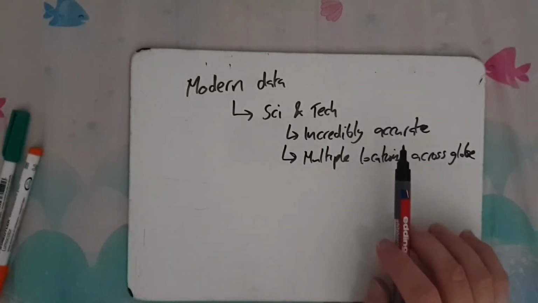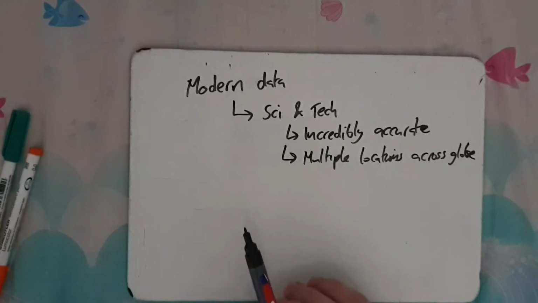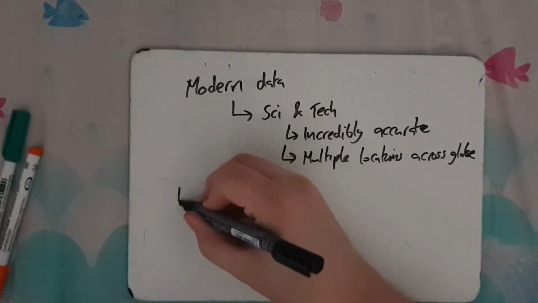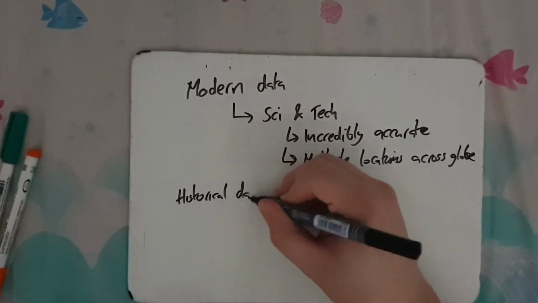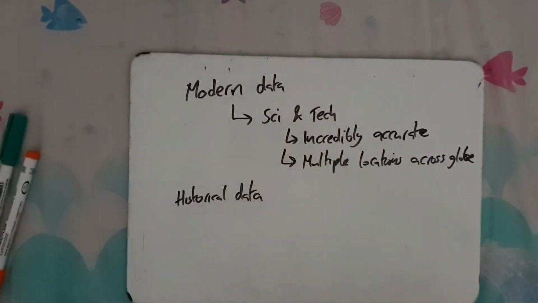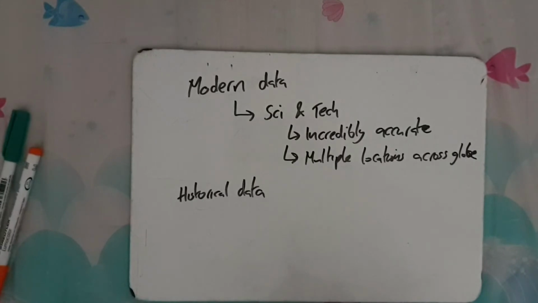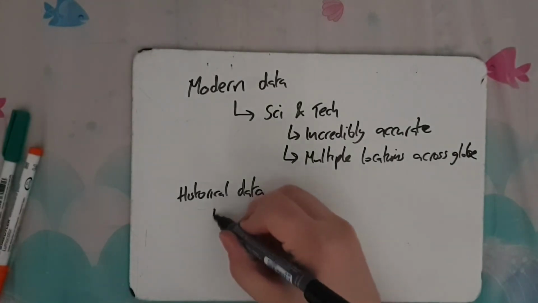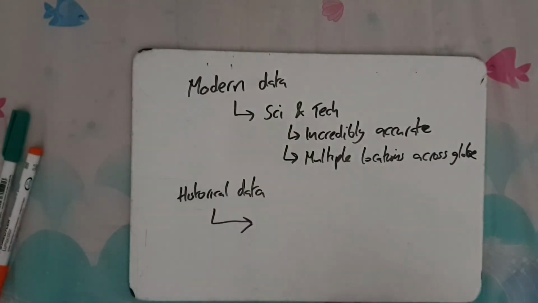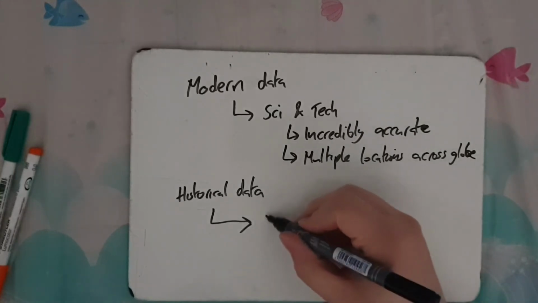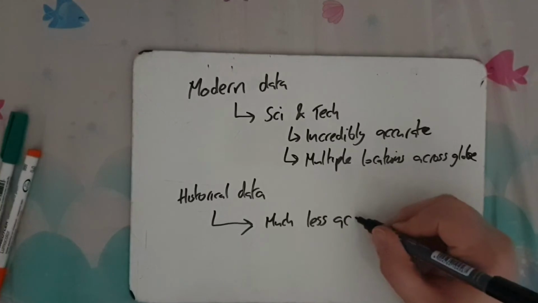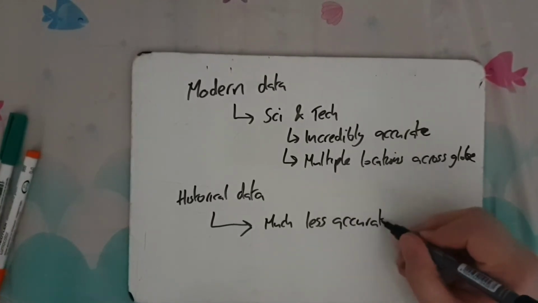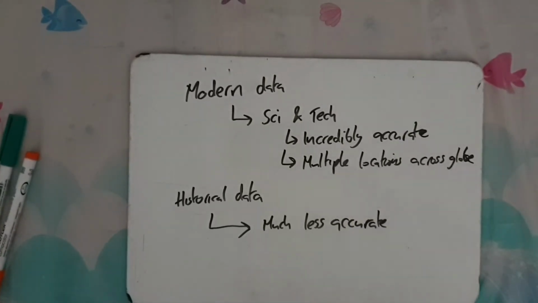If you go back in time to the year 1700, so for historical data, if we're going back in time 320 years, the problem is because of the gear and the kit they were using, it is much less accurate because they didn't have as accurate equipment.